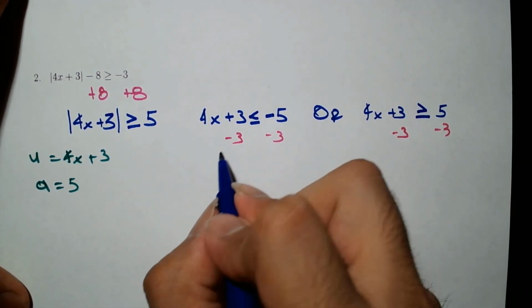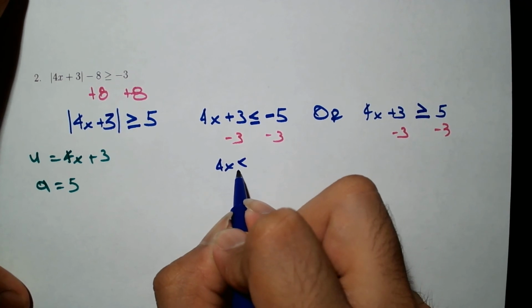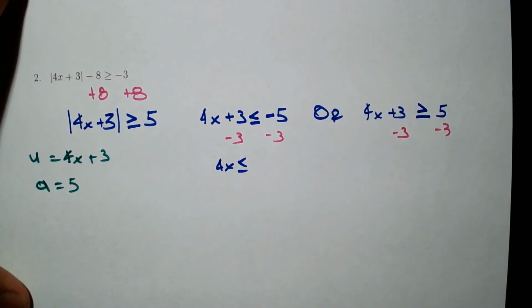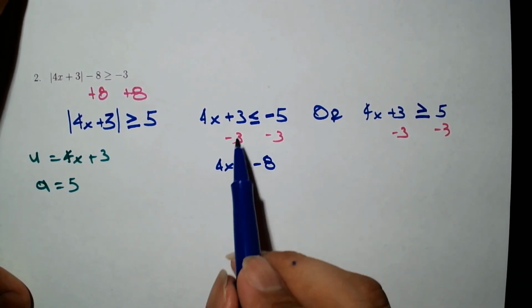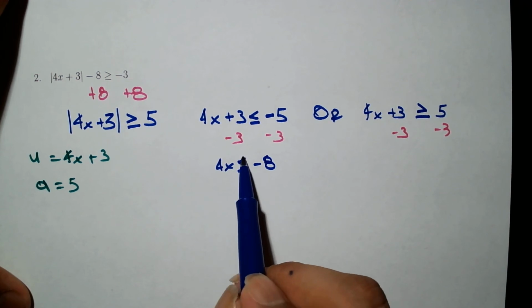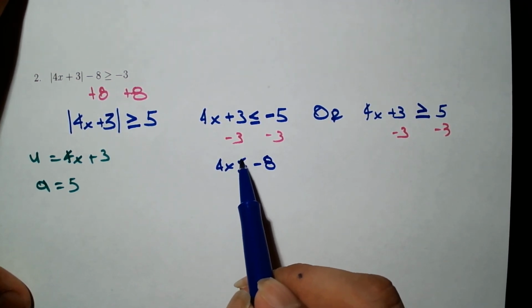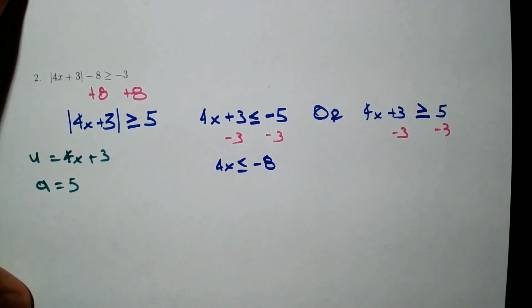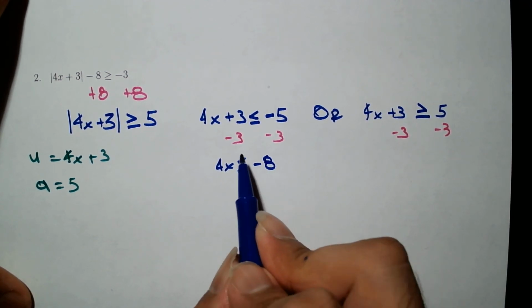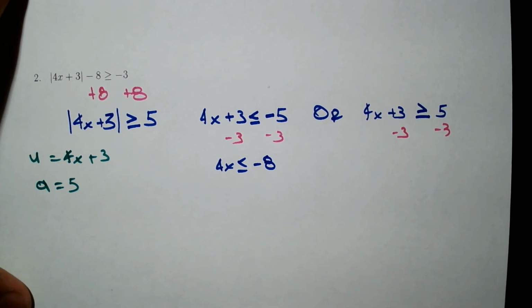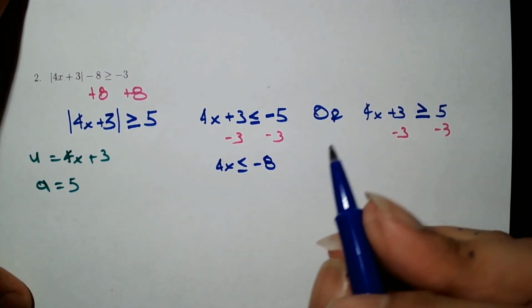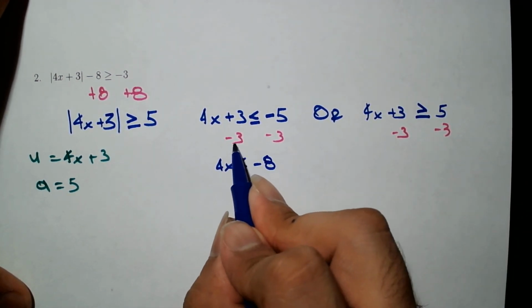That's going to give us 4x less than or equal to negative 5 minus 3, that's negative 8. In this case, notice even though we have negative numbers being involved in the process, I did not reverse the inequality sign. And that's because that's not the case. The only case in which we reverse the inequality sign is when we multiply or divide both sides of an inequality by a negative number.